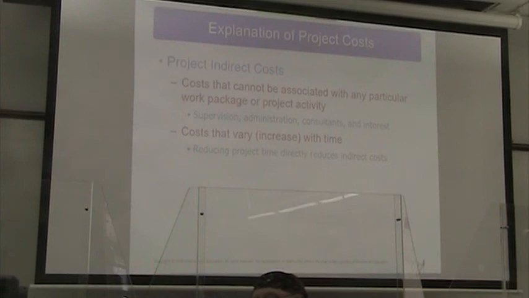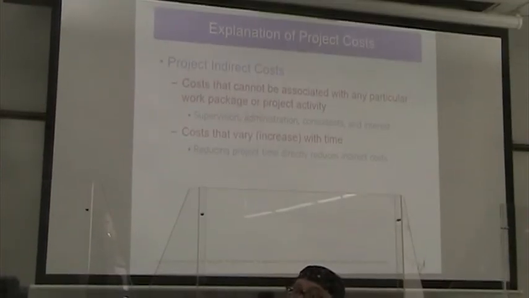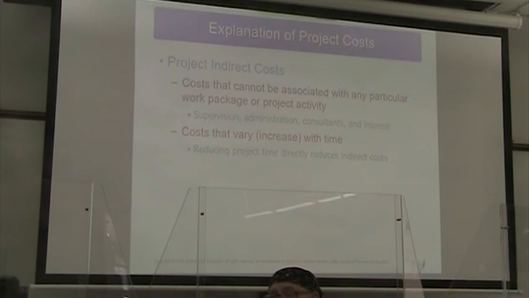We can't necessarily eliminate any of those, right? You can't fire the boss as much as we would like to at times. But there also might be costs that are increasing with time, right? If we can use the test lab for 2 weeks instead of a month, that halves the cost of that indirect cost.